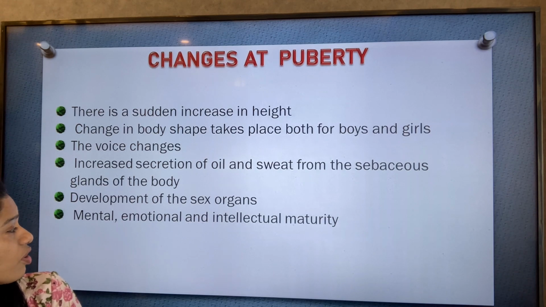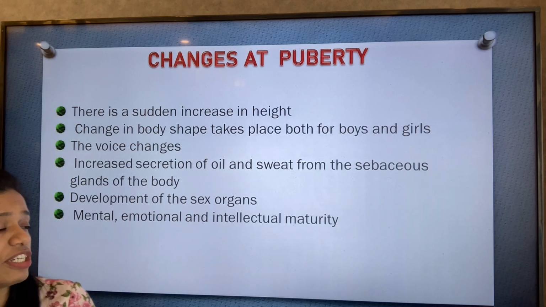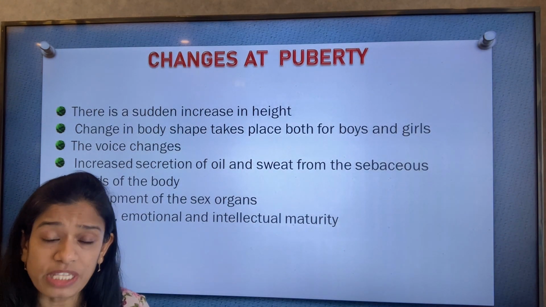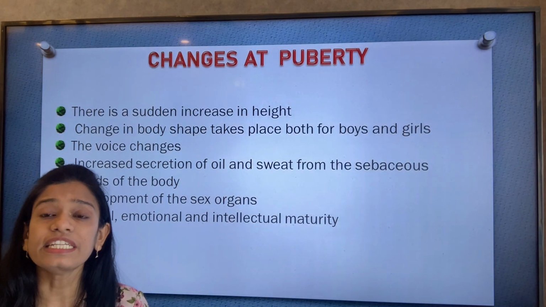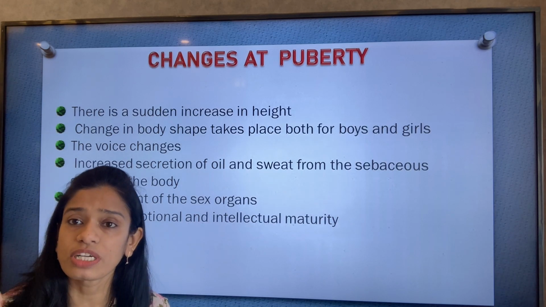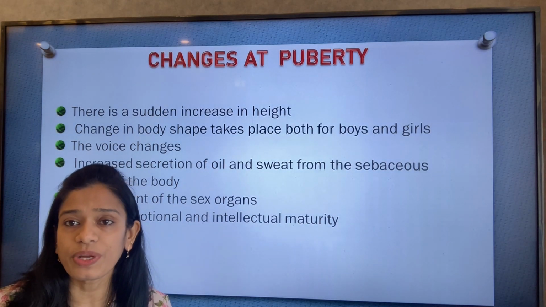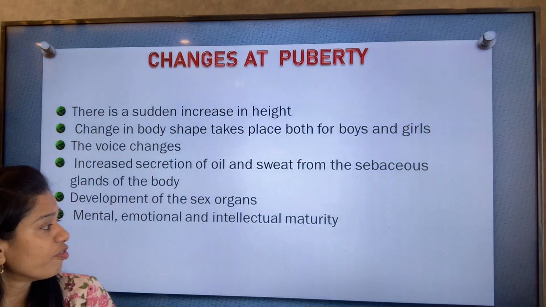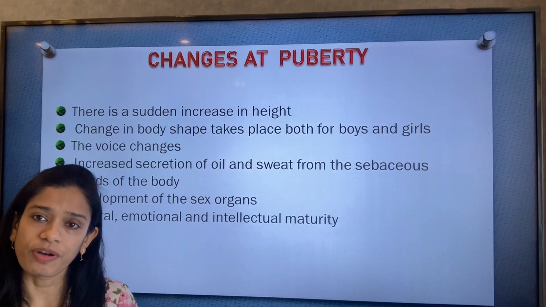Development of the sex organs, and mental, emotional and intellectual maturity. The sex organs are already there, but during this age they develop into a proper form for reproduction.